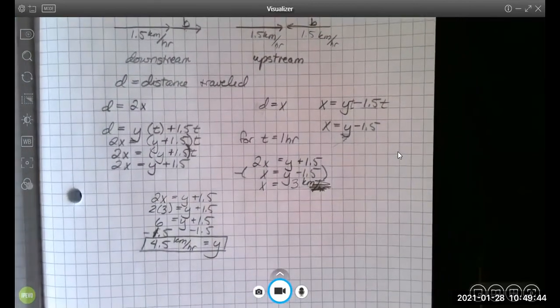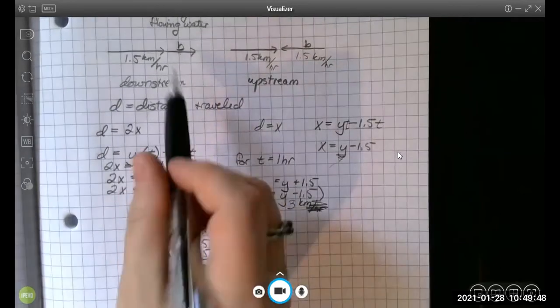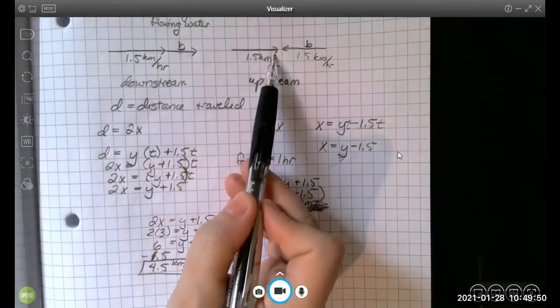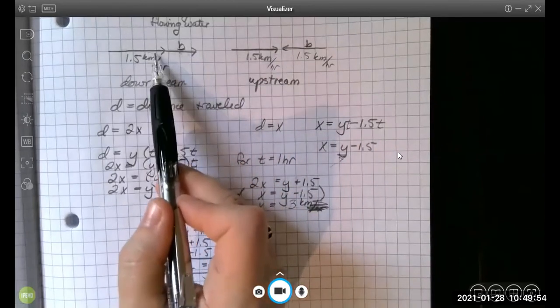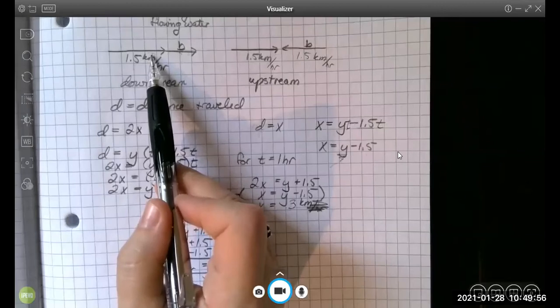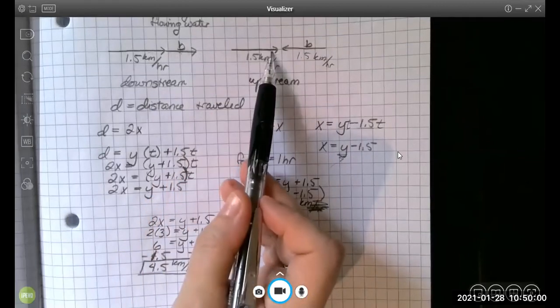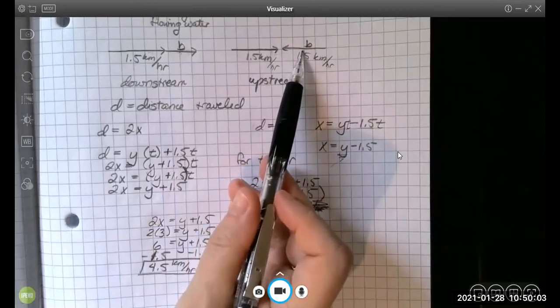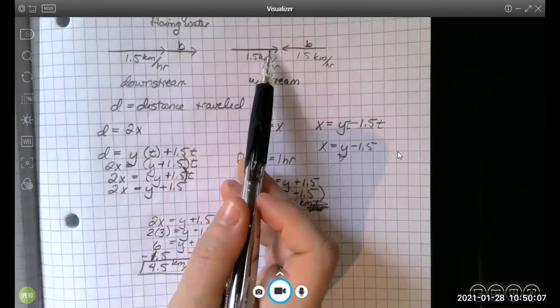So this is how you would do it. Now, is it long and drawn out? Yes. It's super helpful to have a drawing. This reminded me that my speed is going to be added to because the water is pushing the boat in addition to the boat pushing itself. This one reminded me that the boat is fighting the water, and it's harder to swim upstream. It's harder for the boat to move against the current.